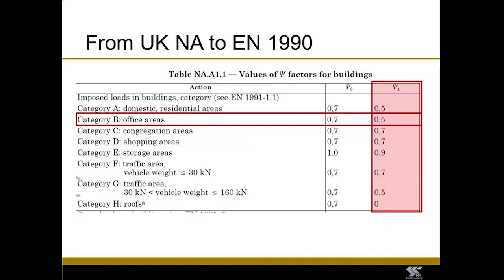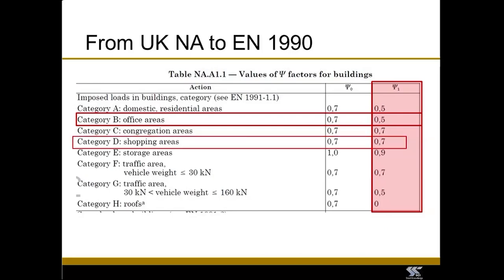We've got a value of psi 1 over on the right-hand side of 0.5, okay? But for different things, for example, a shopping area, the value of psi 1 is 0.7. For a storage area, you'll see that the value of psi 1 is 0.9.